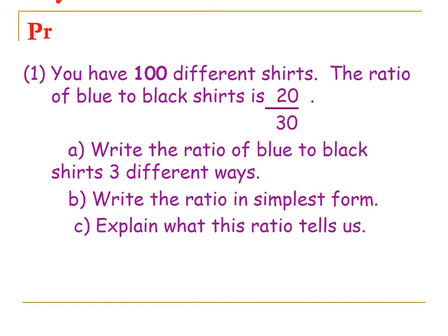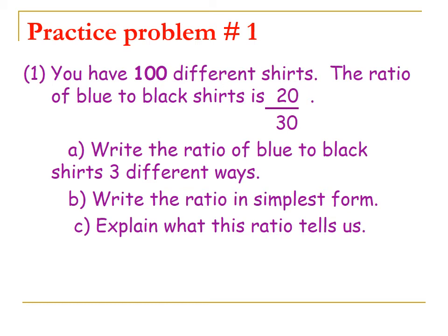Now let's practice together. You have 100 different shirts. The ratio of blue to black shirts is 20 to 30. A. Write the ratio of blue to black shirts in 3 different ways. B. Write the ratio in simplest form.